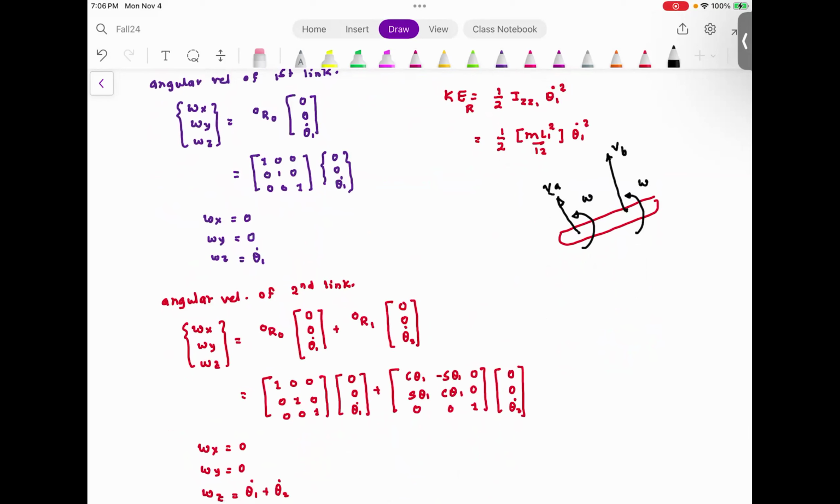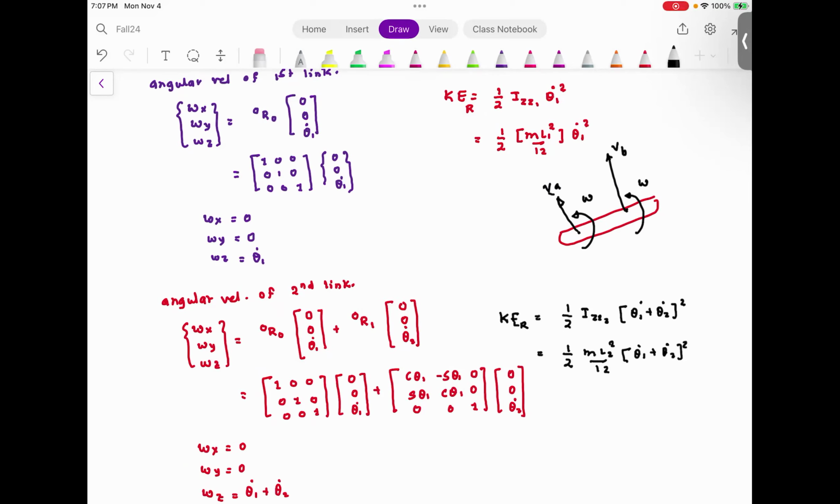we have kinetic energy of rotation for the second link, which is 1/2 I_ZZ2. Since the total angular velocity is theta 1 dot plus theta 2 dot, squared, this is going to be 1/2 times M L2 squared by 12 times (theta 1 dot plus theta 2 dot) squared.